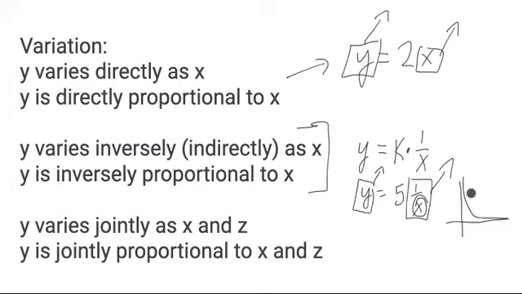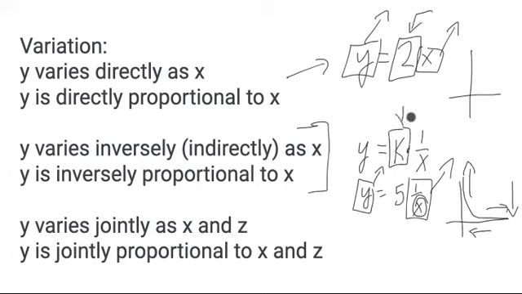Notice what happens. As y gets larger, what happens to x? X gets smaller. And as x gets larger, y gets smaller. Notice how we have that kind of relationship here. In this case up here, this constant of proportionality is always a positive number, by the way, so just remember that.